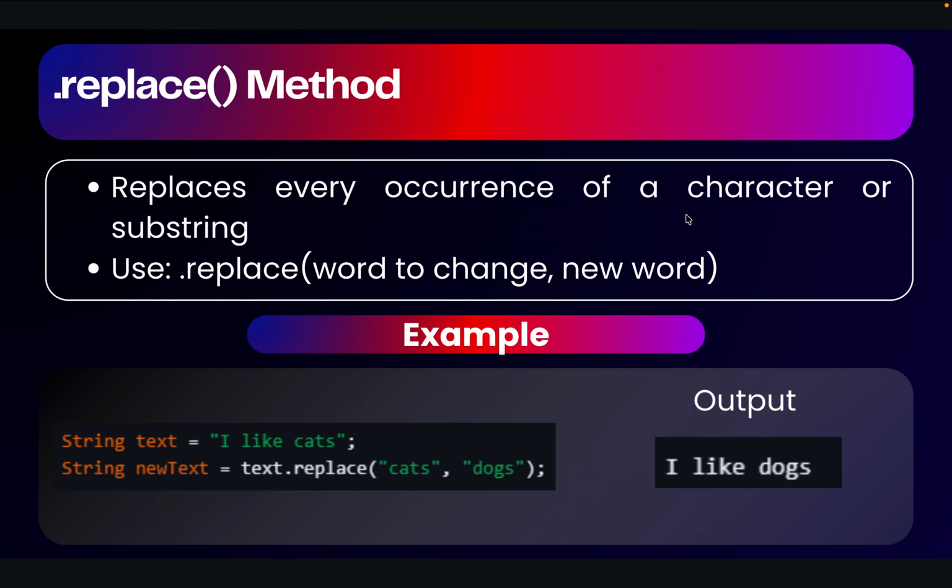And remember, strings are immutable. So because we have a new string being returned to us from the method, technically we will have two strings, one that will say I like cats and one that says I like dogs. So again, although we are changing the word, that original string still lives in your program until it is deleted by you.